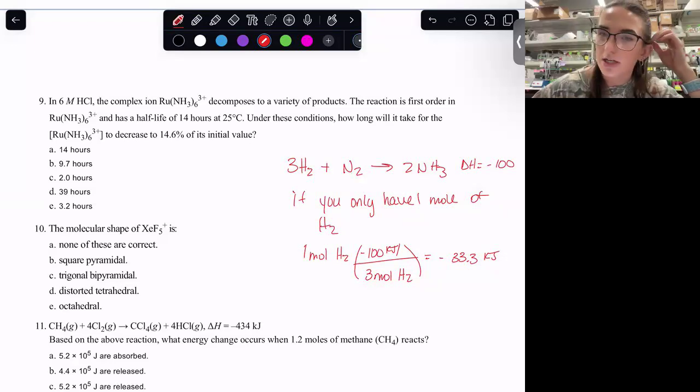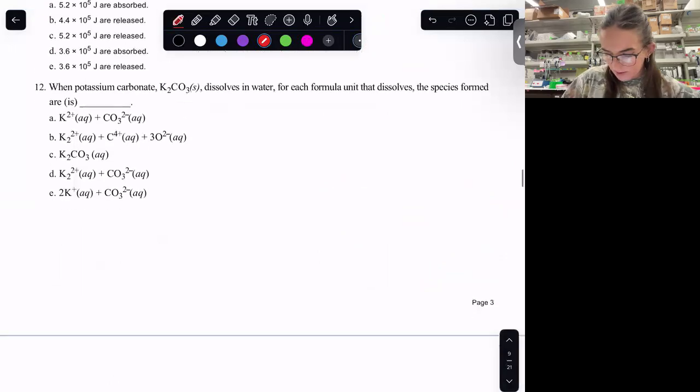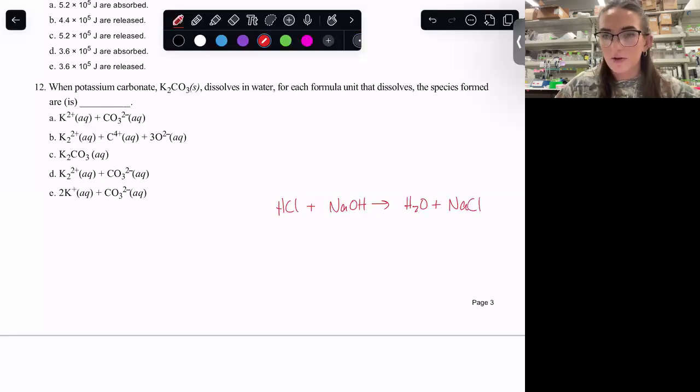I would just look at titrations for that. So if you have something where it's HCl and NaOH, right, then you have H2O and NaCl. So if you're trying to find the equivalence point, then you have 1 molar of this and 0.5 liters here, and you have 0.75 molar.